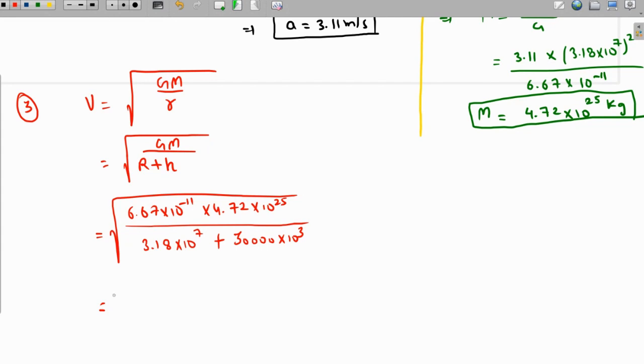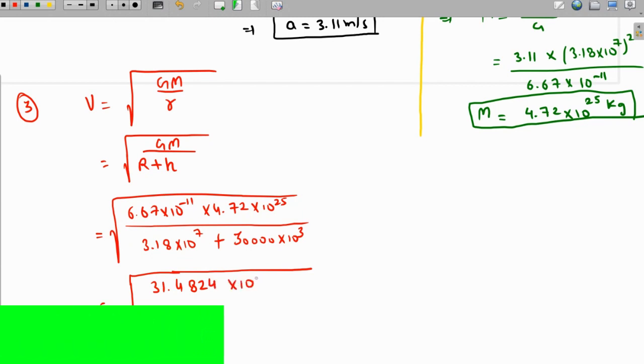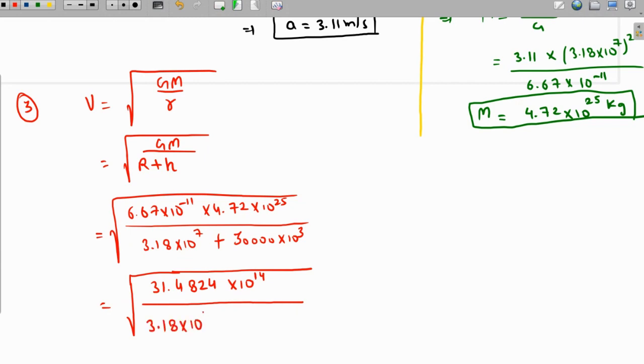So again, let me just try to simplify this. 6.67 times 4.72 comes out as 31.4824 times 10 raised to 14, over 3.18 times 10 raised to 7 plus 3 times 10 raised to 4.